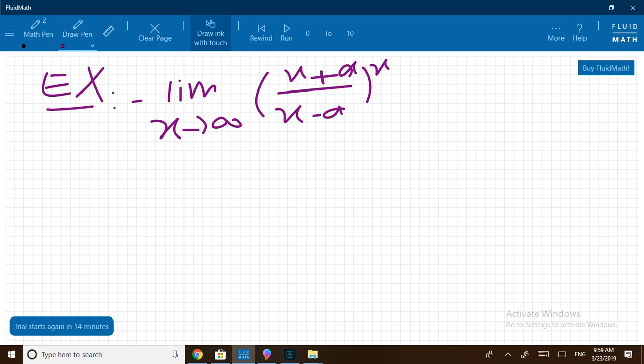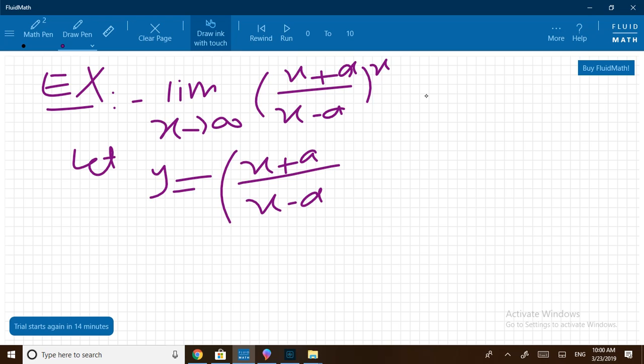Let y be equal to (x plus a divided by x minus a) raised to the power x.